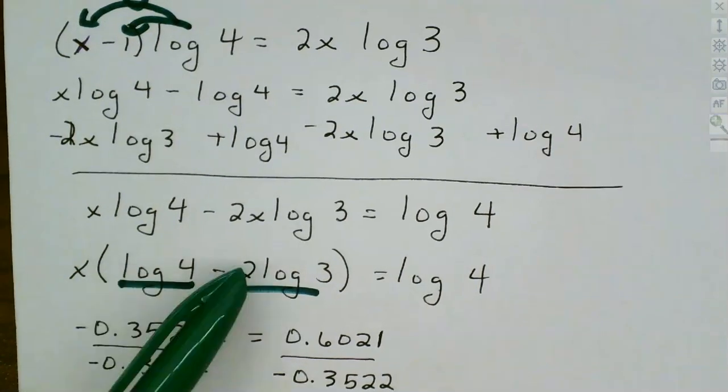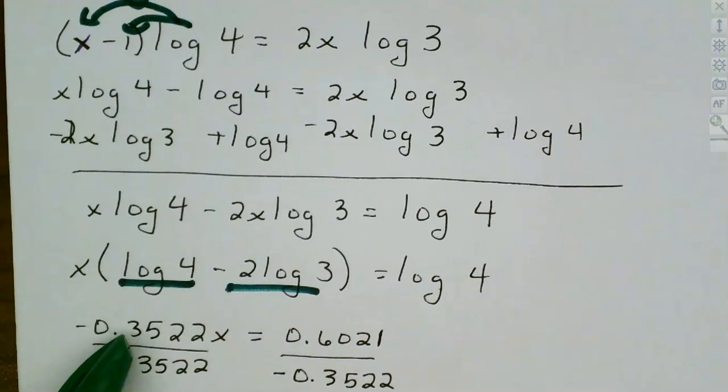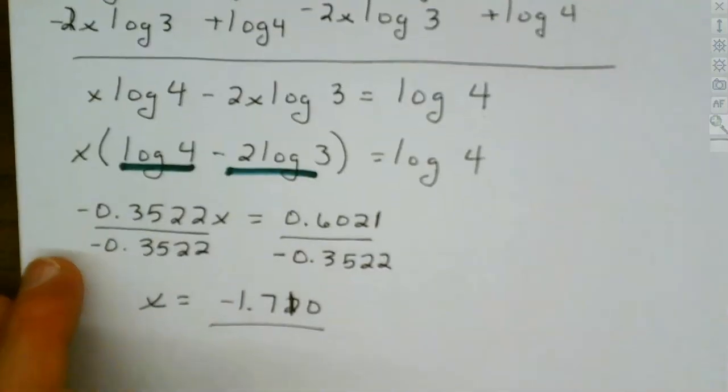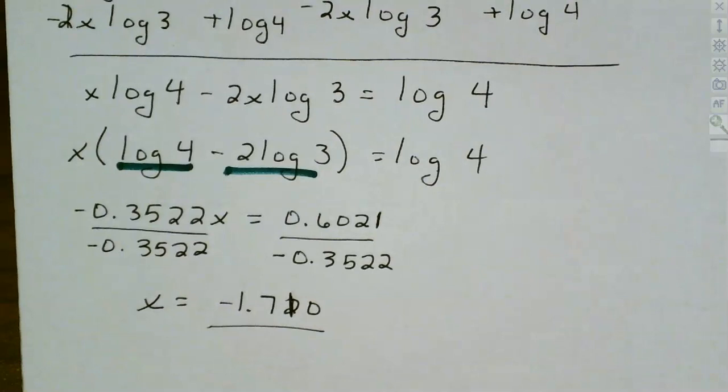This was then nothing but pure calculator. So I just did all of this in my calculator, and I got that minus 0.3522. And then log of 4 is 0.6021. And then I simply divided, and I rounded to the nearest thousandth, which would be 3 places.